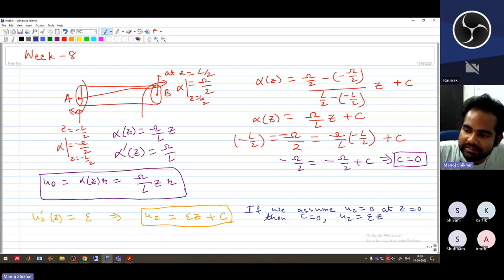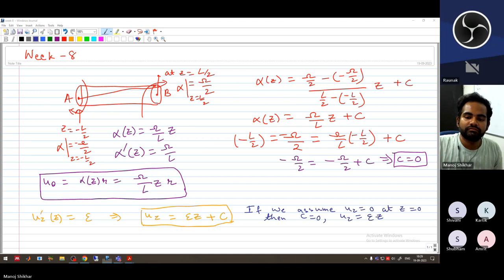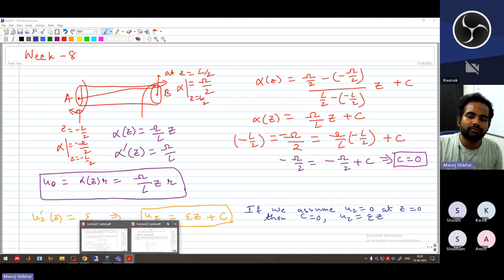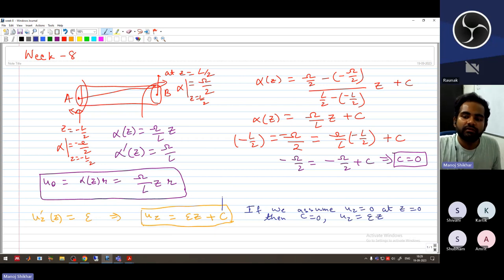So while considering uz equal to epsilon z, it was assumed that uz equal to 0 at z equal to 0. That's why I pointed it out that many times I've seen students making this mistake. They drop these constant terms after integration. In this case, in class, we dropped it because we assumed that at z equal to 0, our uz is 0.